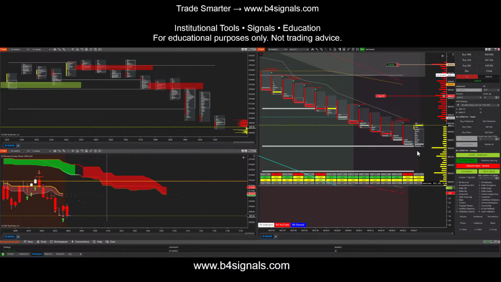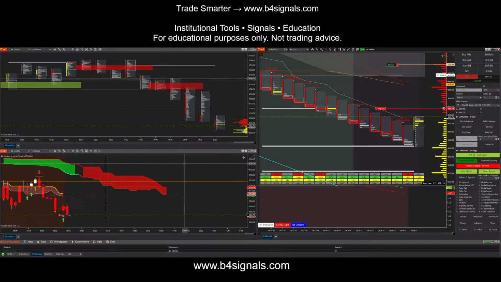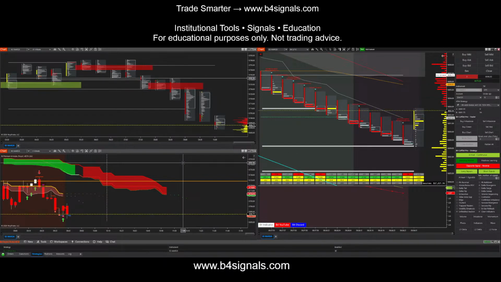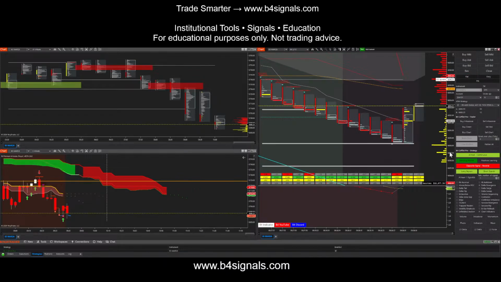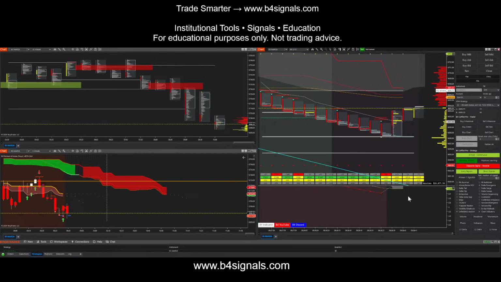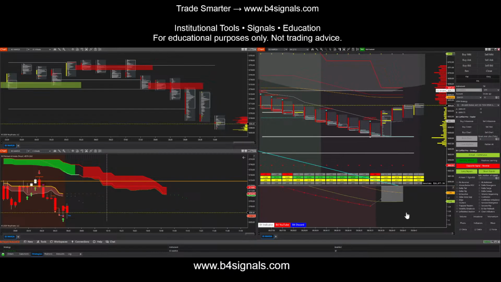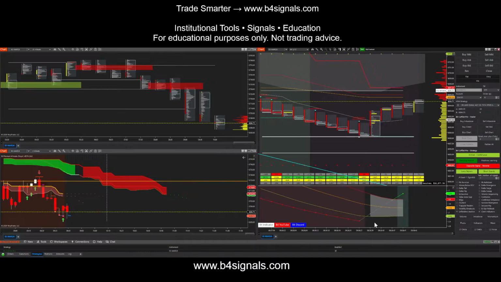Stop filled. Beautiful execution of it this morning. Stop filled. Lower B4 indicator, we're down to negative 2.4. It could be a little choppy right here.